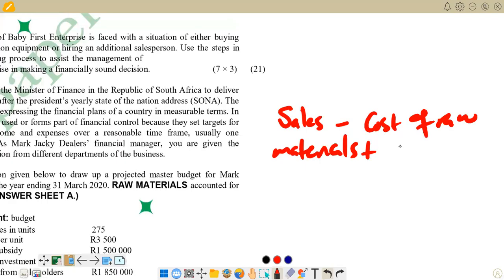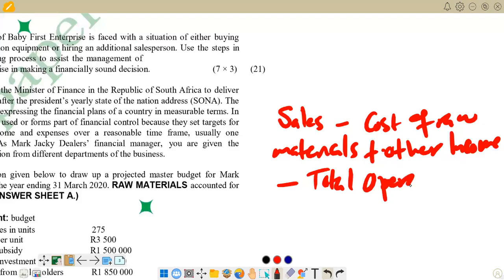Then we add other income that we have according to the information that we are given. After adding other income, you subtract the total operating expenses.